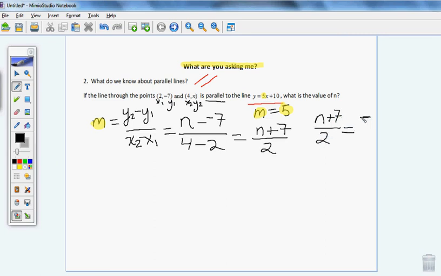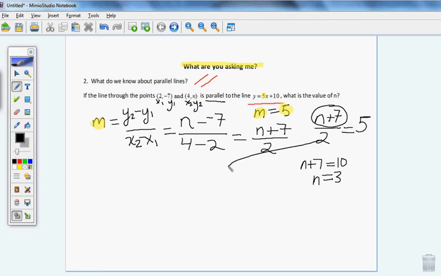I know it's supposed to come out to 5. And then you can mathematically solve this one to find out what n is. It's a little goofy, or you can just say, oh, right there, that's supposed to come out to 10, because 10 divided by 2 would be 5, wouldn't it? So really we could say, n plus 7, I know that has to come out to 10. Subtract 7 from both sides, and we get an n value of 3.